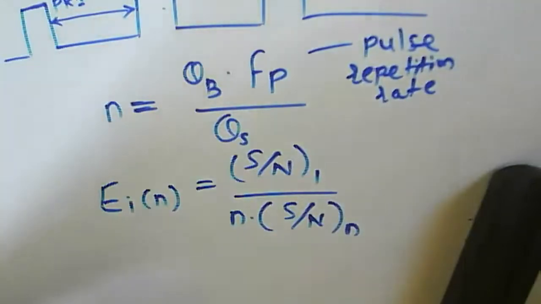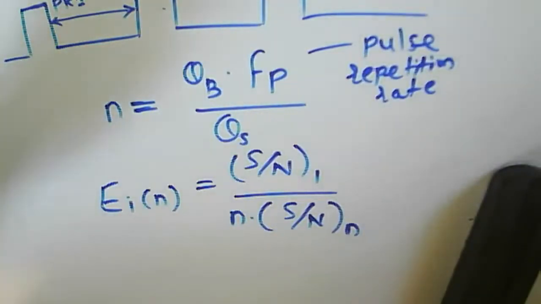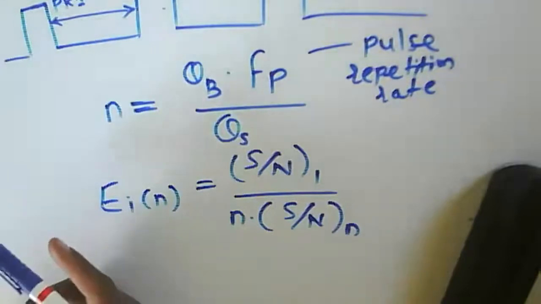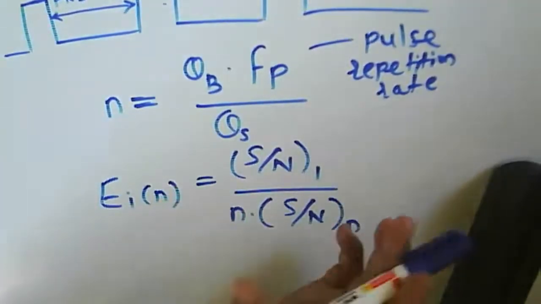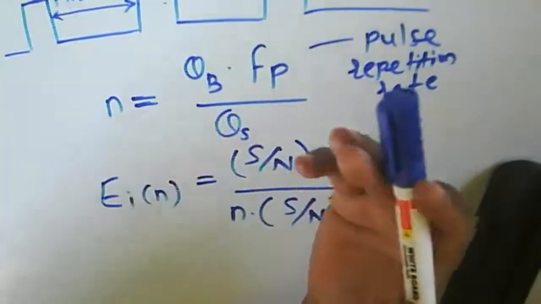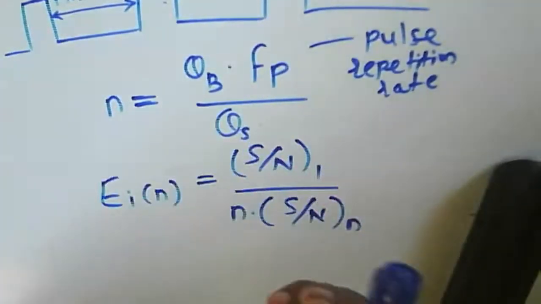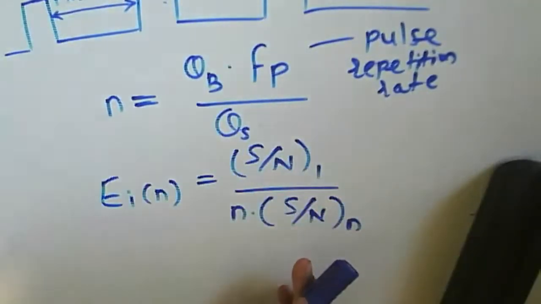This is the integration efficiency of a device, because we are receiving n number of pulses, and we are supposed to find out what will be the signal to noise ratio for pulse 1. If there are n pulses, then what will be the signal to noise ratio for the n pulses? Means combining all the pulses, or adding all the pulses. Integration is nothing but the addition or summation of all the pulses there.